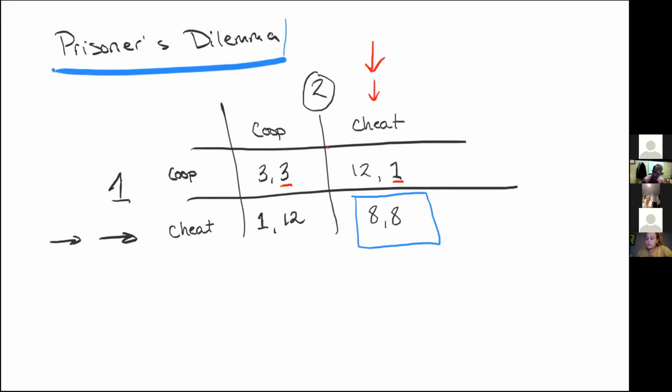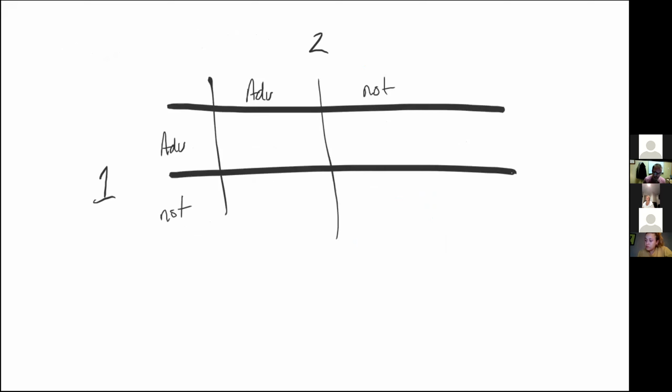Okay, so now let's apply this to the tobacco industry. We could have firm one and firm two, and they have the choice of advertising or not advertising. Now, what we found is that if both firms advertise, the net effect is, if Marlboro advertises really hard and Camel advertises really hard, the net change in customers is basically zero.